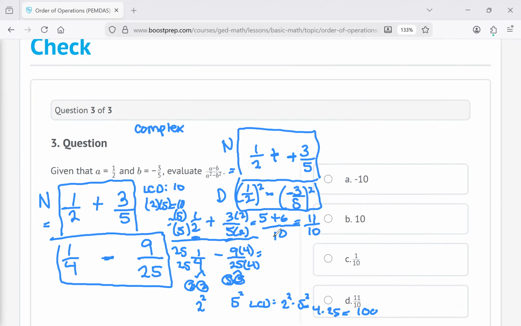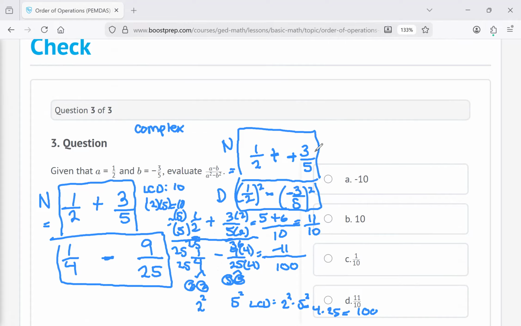Okay, so on the bottom it's 100, your LCD, and then it's 25. And then 9 times 4 is 36. This is a minus, so what is 25 minus 36? It is negative 11.